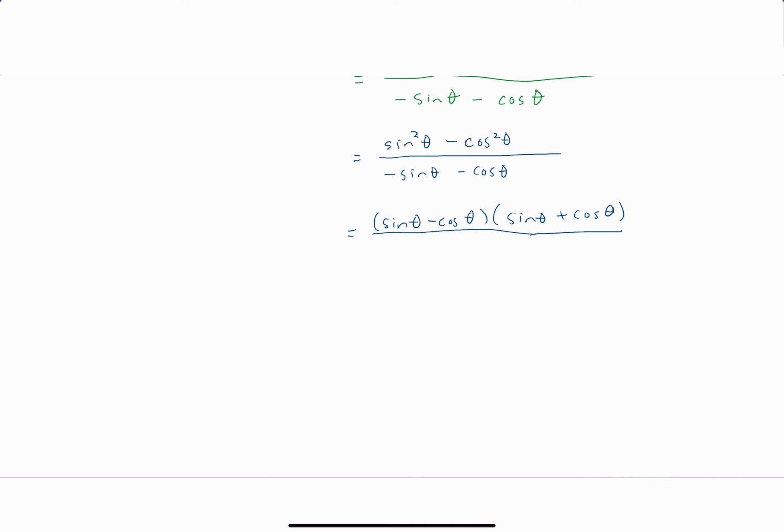on top. But notice I could take out a -1 down below, and that'll give me sine of theta plus cosine of theta in parentheses with a minus in front of it. And now I have things that cancel. I've got a common factor of sine theta plus cosine of theta. Those cancel.